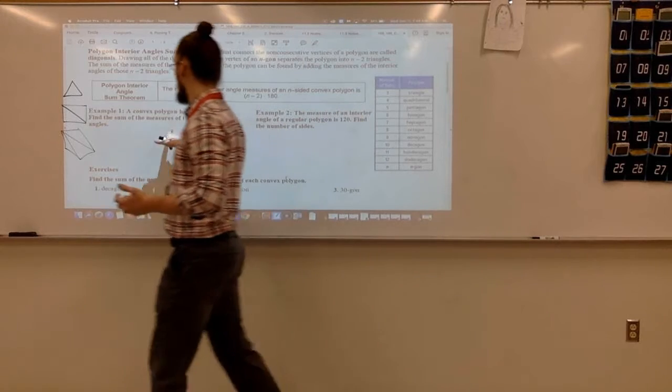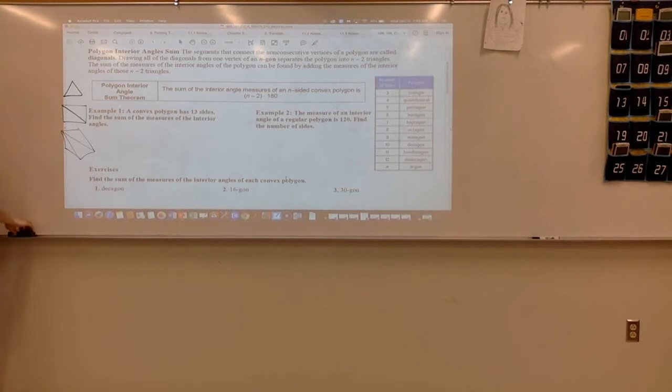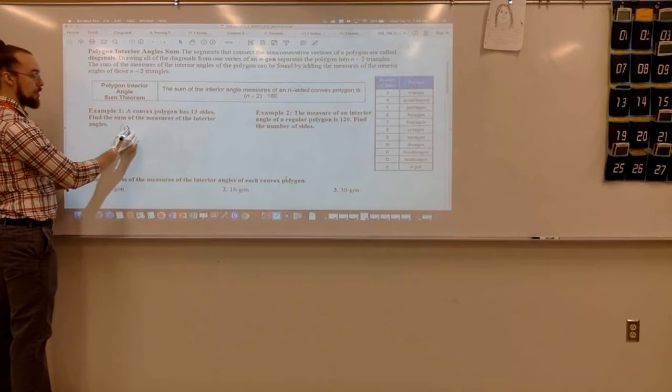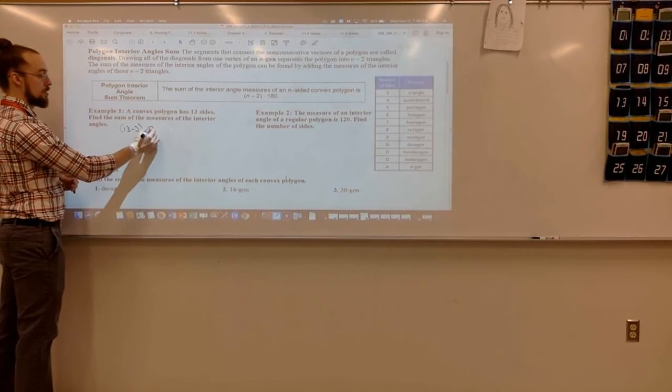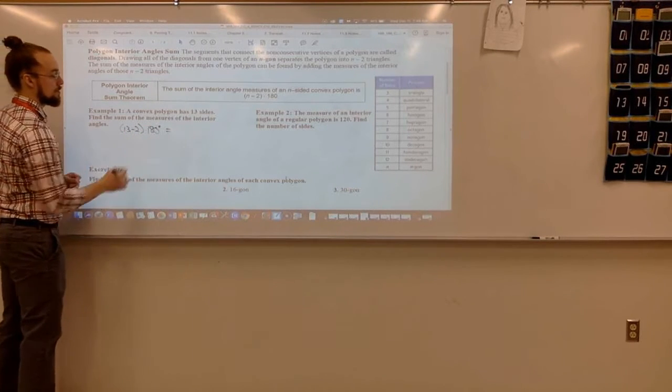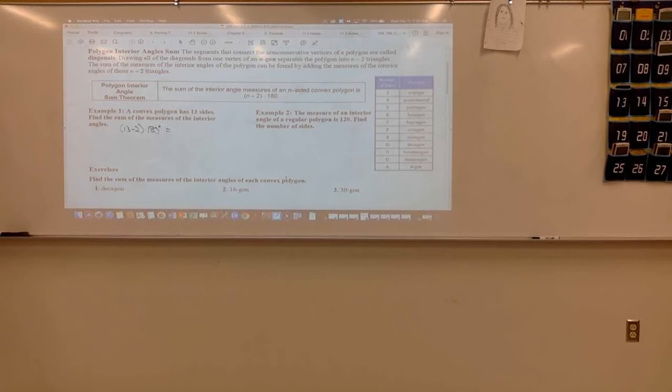So if I've got a 13-sided shape, how would I find the sum of the measures? 11 times 180. So what is 11 times 180? 1,980.